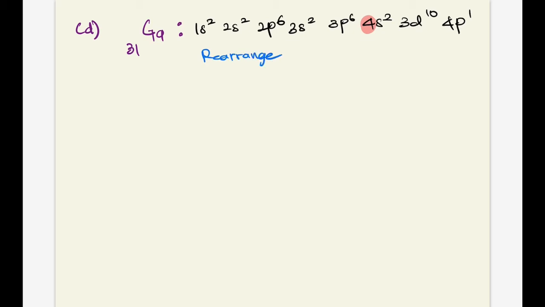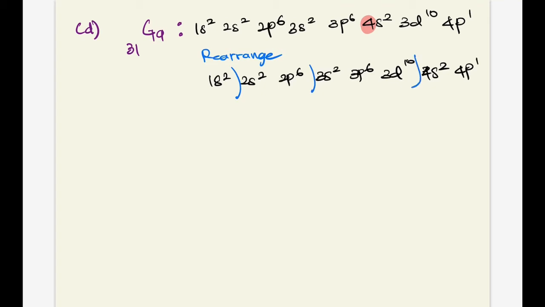So when you rearrange, you get 1s2, 2s2, 2p6, 3s2, 3p6, 3d10, 4s2 and 4p1. Then only you can draw the border between the energy levels. After you draw the border, you can see the valence electron shell is 4s2, 4p1. Therefore, the valence electron is equal to 3.